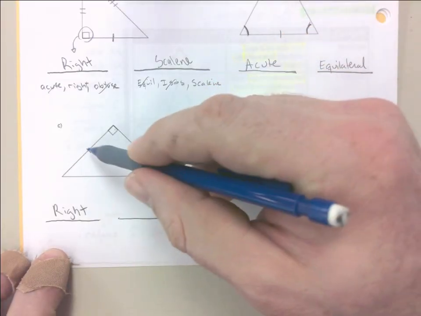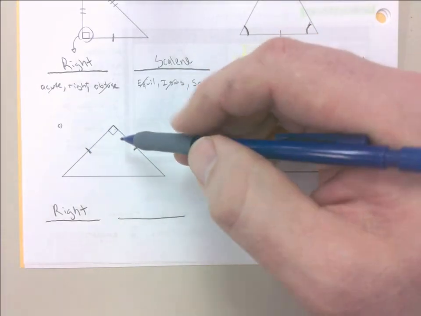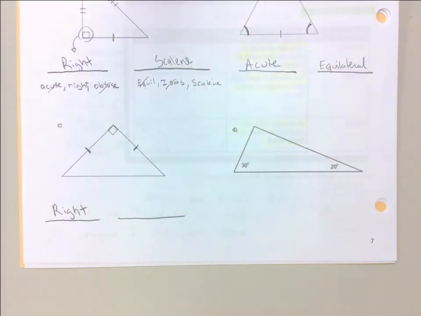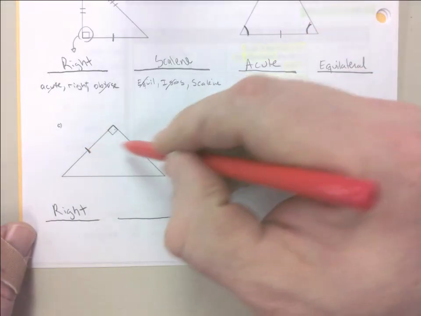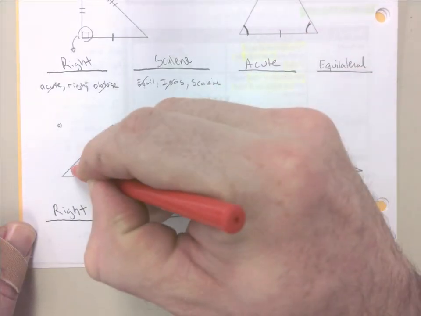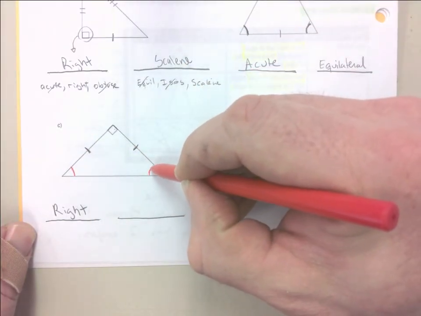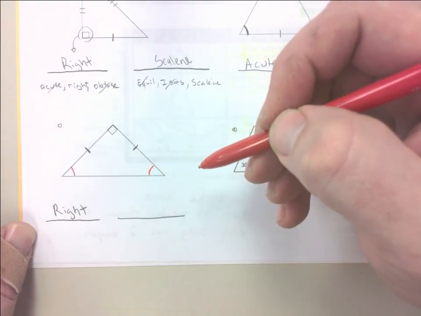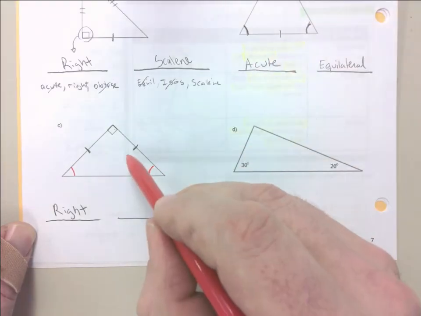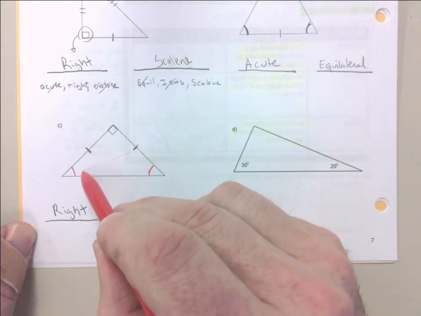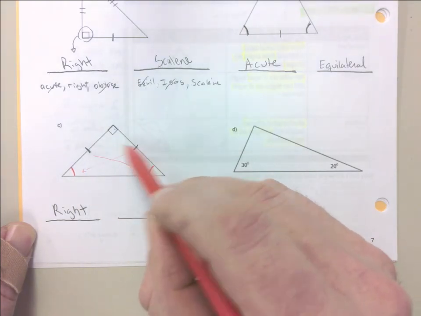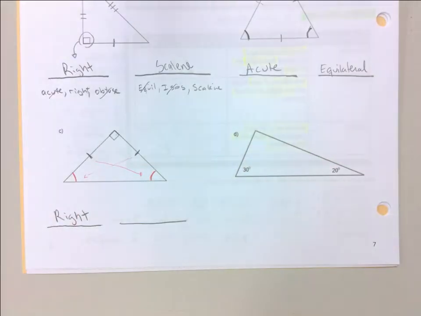If these 2 sides are the same, listen carefully. If these 2 are the same, I'm going to use a different color here. If these 2 sides are the same, you know that the angles across from them are also the same, guys. That's just a cool property. So this side and this side are the same, so the angles across from them are going to be the same also.